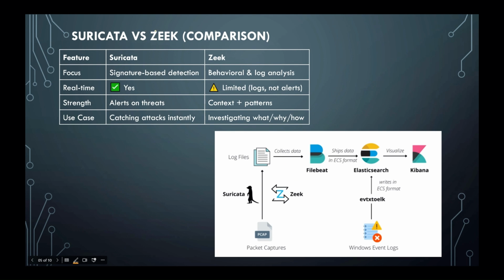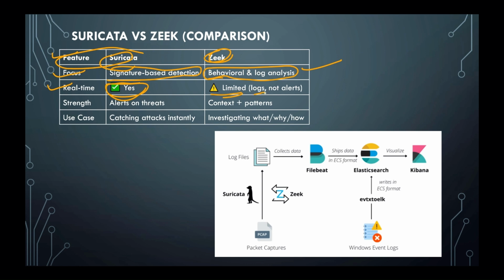Then Suricata versus Zeek. So here we have some features of Suricata and Zeek. Suricata focuses on signature based detection. Zeek detects based on behavior and log analysis. Then real time: yes, Suricata is a real time detection and alert generation tool. But Zeek is limited in real time.